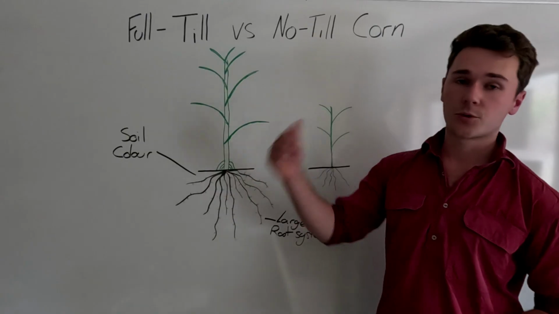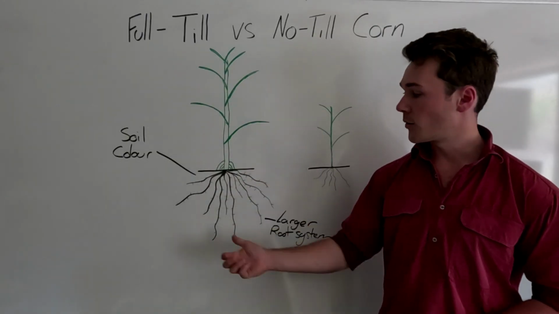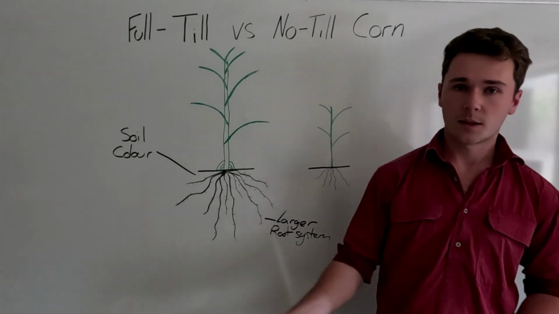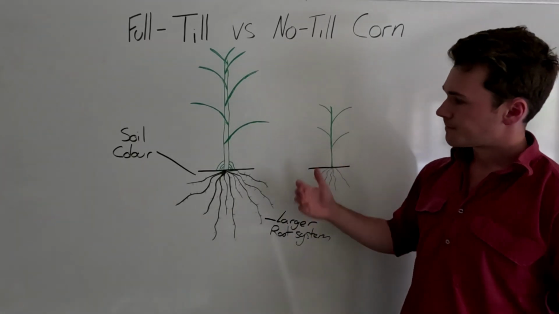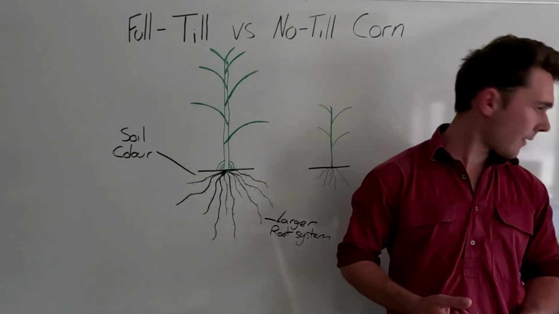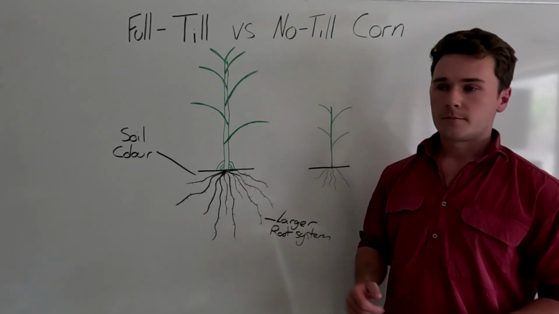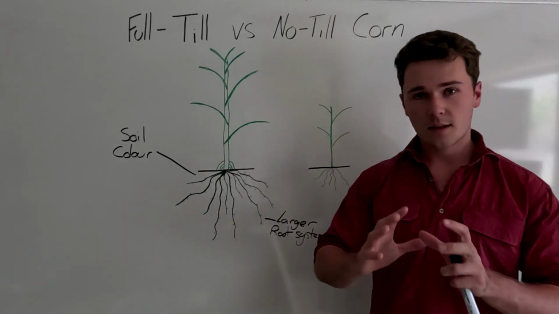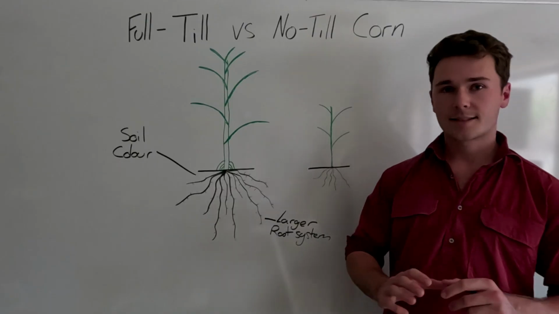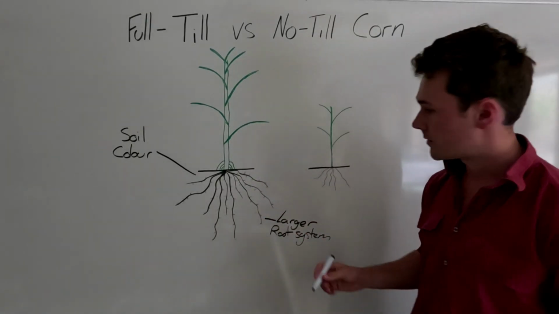To such an extent that it was really difficult pulling out the no-till corn compared to the full-till. The full-till you could really just pull out with one hand. The no-till corn you have to really pull it up. I think we may have had to get a shovel out. But anyways, it was just the vigor of this plant was amazing. So we'll add that down, root hairs.